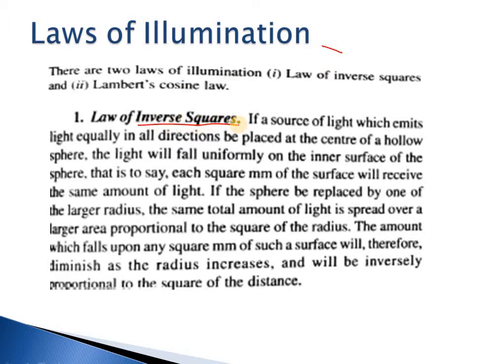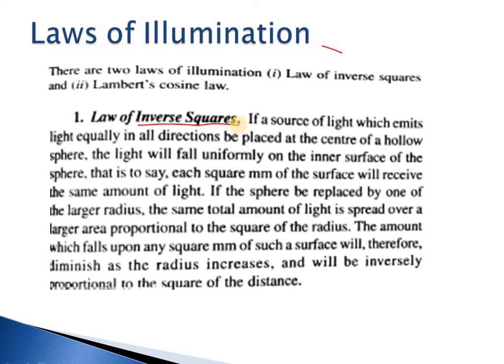So what is the law of inverse square? If a source of light which emits light equally in all directions is placed at the center of a hollow sphere, the light will fall uniformly on the inner surface of the sphere. That is to say, each square millimeter of surface will receive the same amount of light.